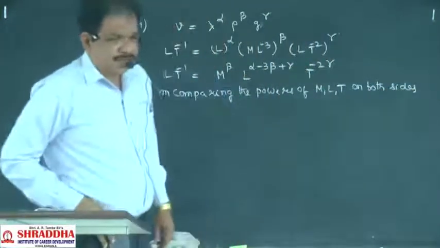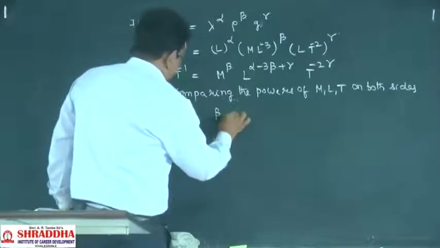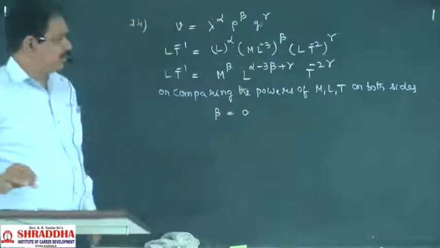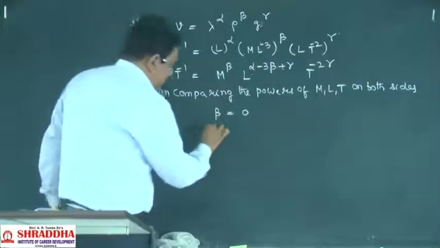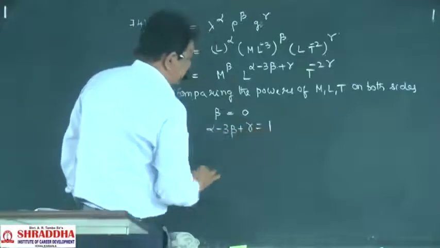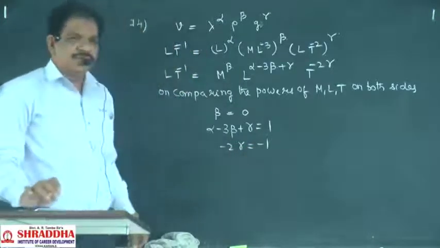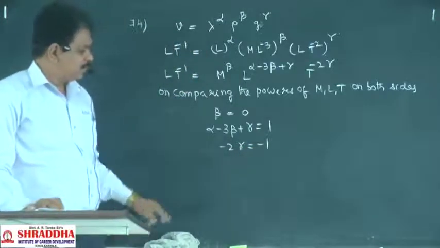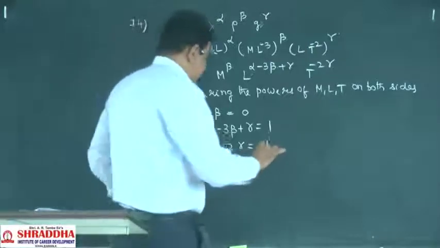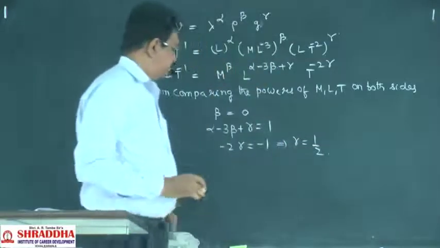What do we get? M power 0 on the left, so beta value will be 0. Alpha minus 3 beta plus gamma is equal to 1. Minus 2 gamma is equal to minus 1. From this, gamma is equal to 1 by 2.